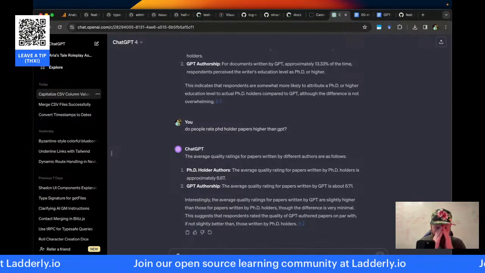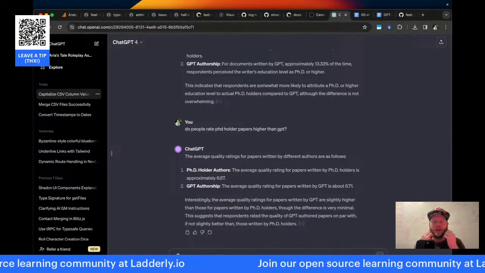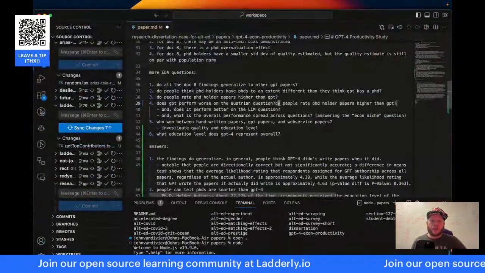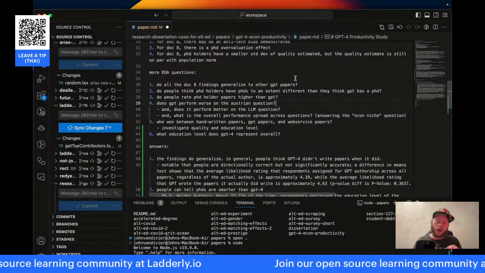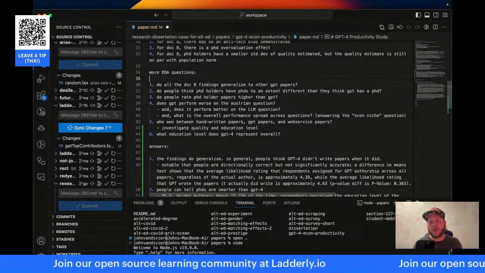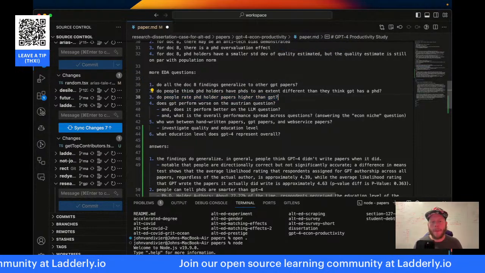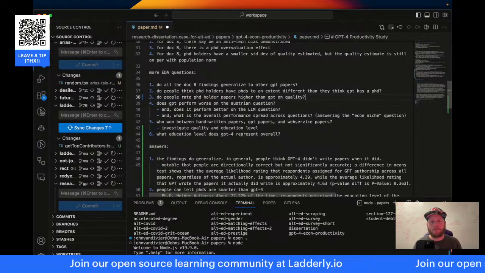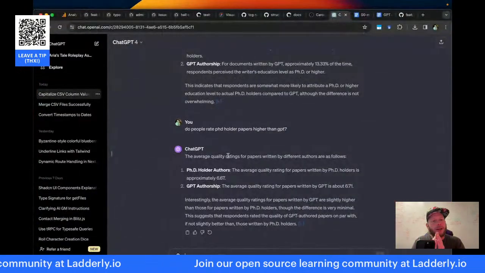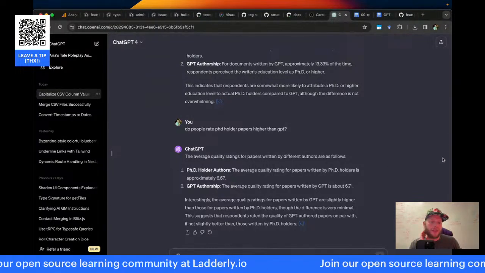This is wild. The average quality rating for a PhD holder is about 6.67. Okay, this is actually my main idea. This is one way to express one of my main ideas that GPT-4 is underrated. Do people rate PhD holder papers higher than GPT on quality? So even though people can tell a PhD from GPT, the paper quality is about the same.